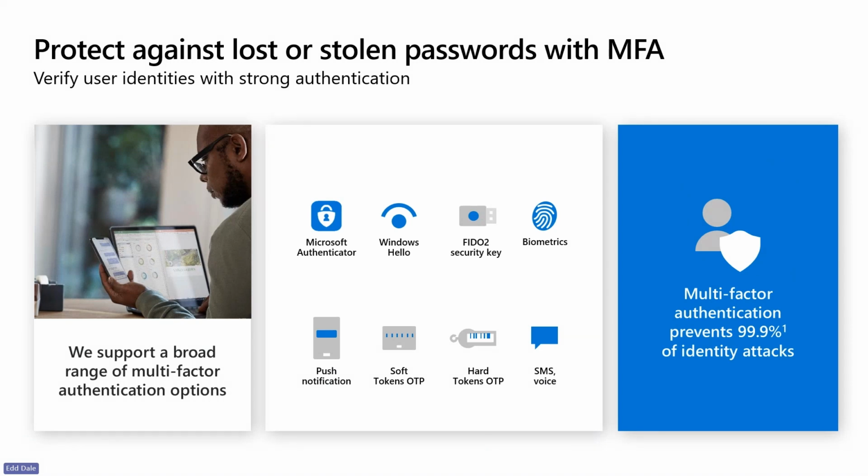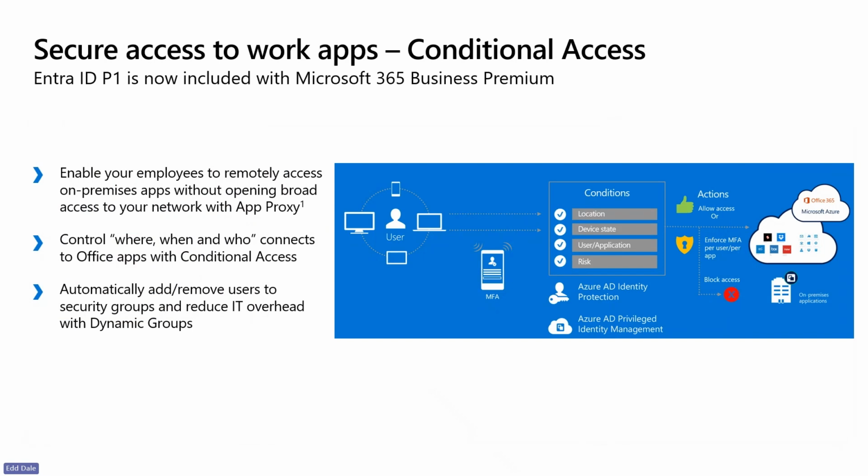In fact, having MFA, and again, all this is included in Business Premium, it can actually prevent 99.9% of identity-based attacks. Like I said, one of the cool things about Business Premium is that everything works together as well. Some of you might be familiar with this feature here. It's called conditional access.